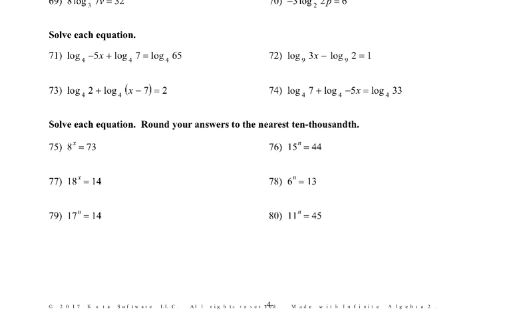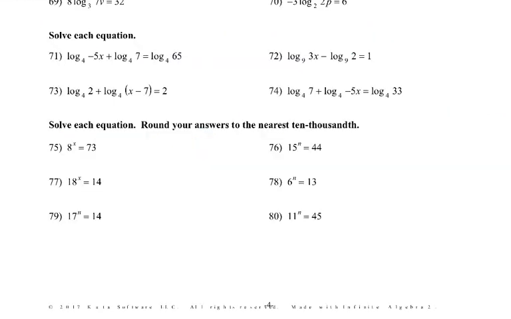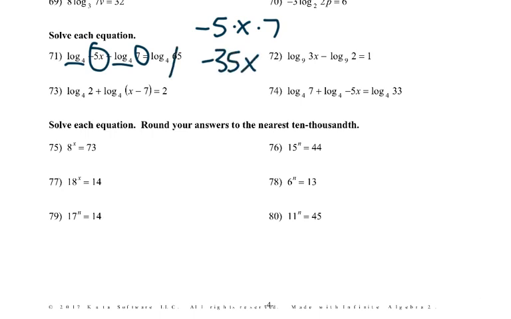So we're going to have to use this to help us out with that, because the log base 4 terms are being added together, so I can go negative 5 times x times 7, which would be negative 35x. So log base 4 of negative 35x would equal log base 4 of 65. Okay.